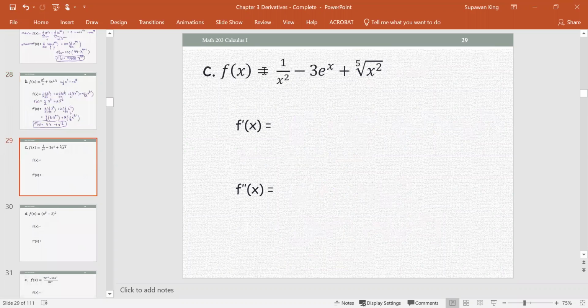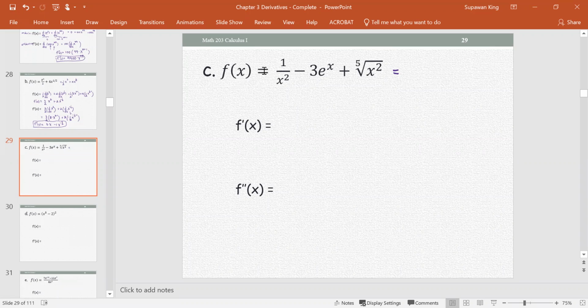Part C, f of x equals 1 over x squared minus 3 times e to the x plus the fifth root of x squared. Recall, we have the power rule, we have the constant multiple rule, we have the exponential rule. We do not have the reciprocal rule or the radical rule. Now we are going to rewrite terms as appropriate to fit the form that we can find the derivative using the available rules.